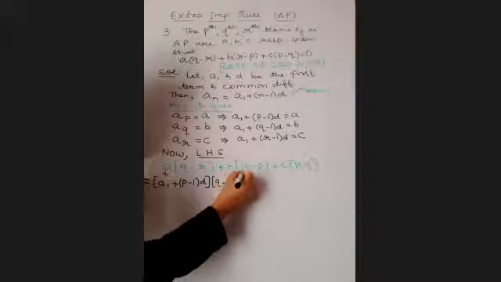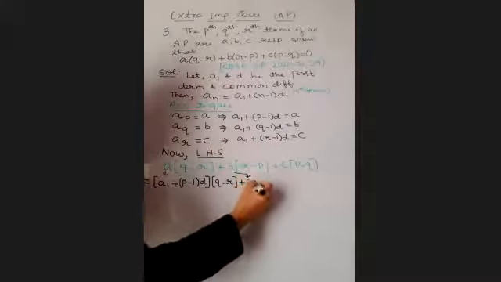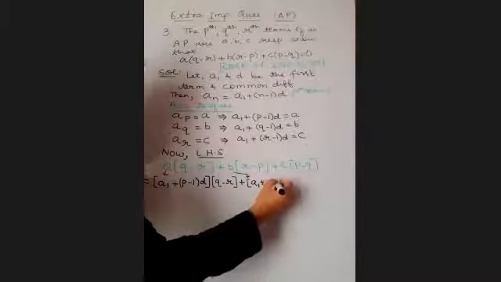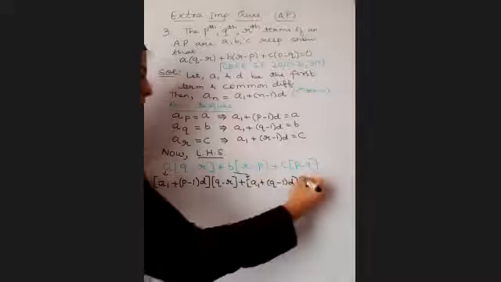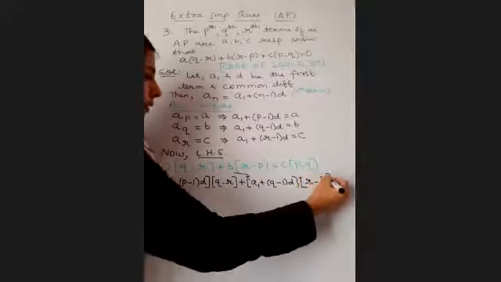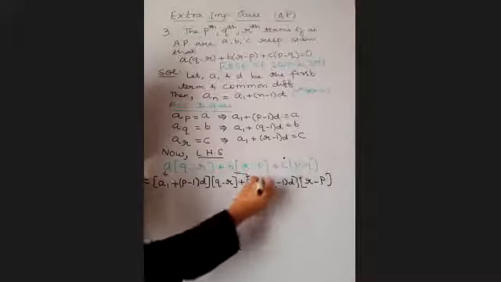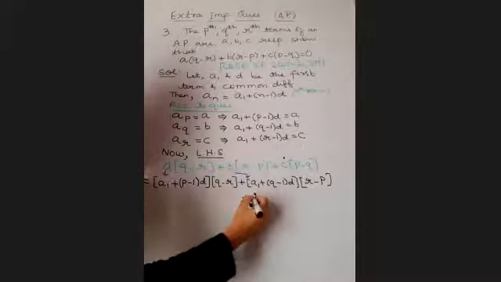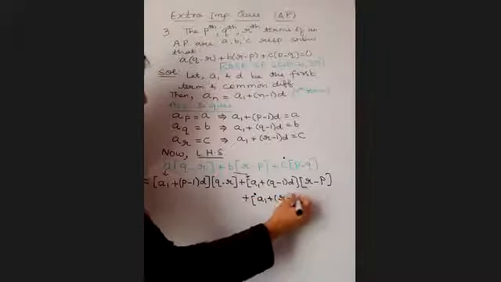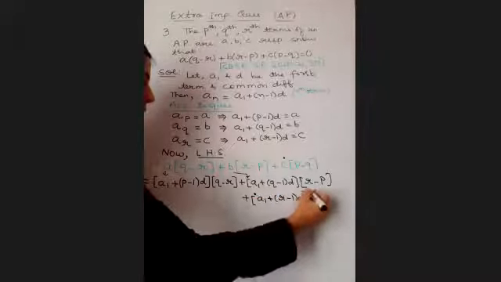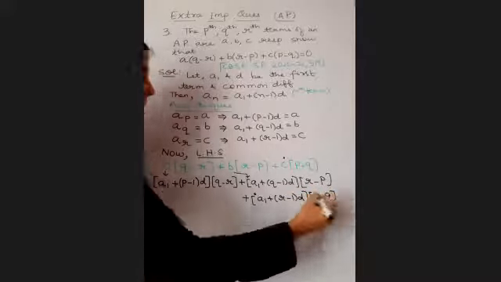Now what is b? a1 plus (q minus 1) into d, multiplied by (r minus p). And what is the last part? c. What is c? a1 plus (r minus 1) into d, into (p minus q). Right?